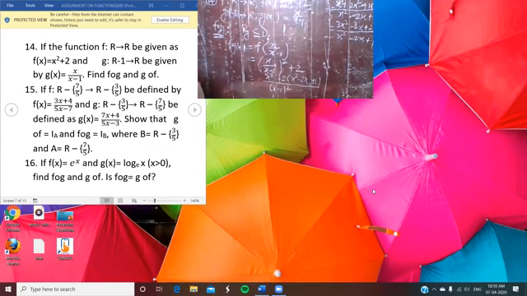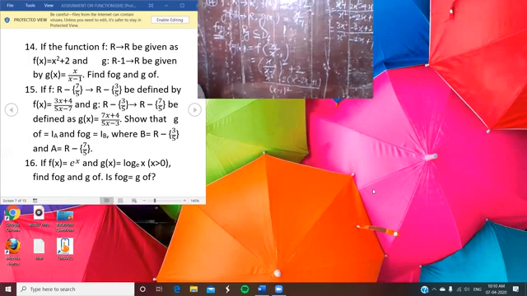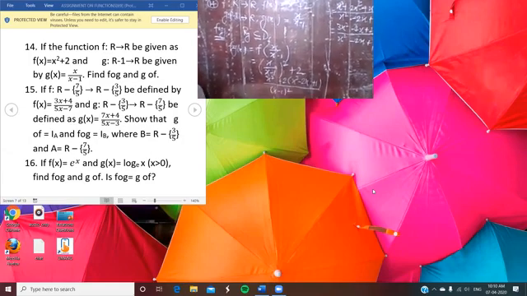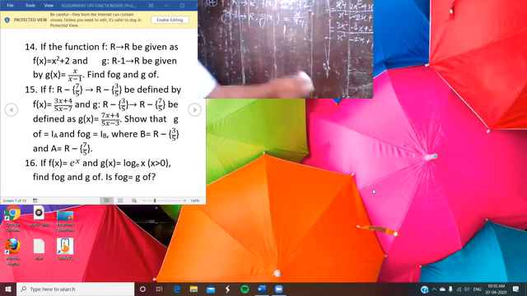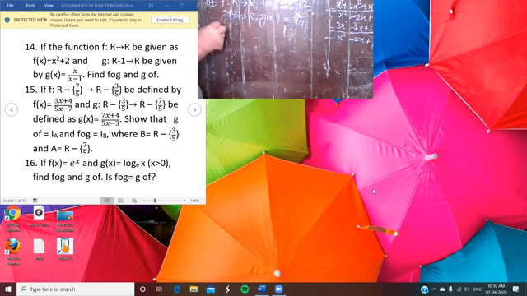Now if you are talking about gof, in case of gof, what are the conditions when you say that the gof function exists? For the gof function, the range of the second function, that means the range of f, is a subset of the domain of g.